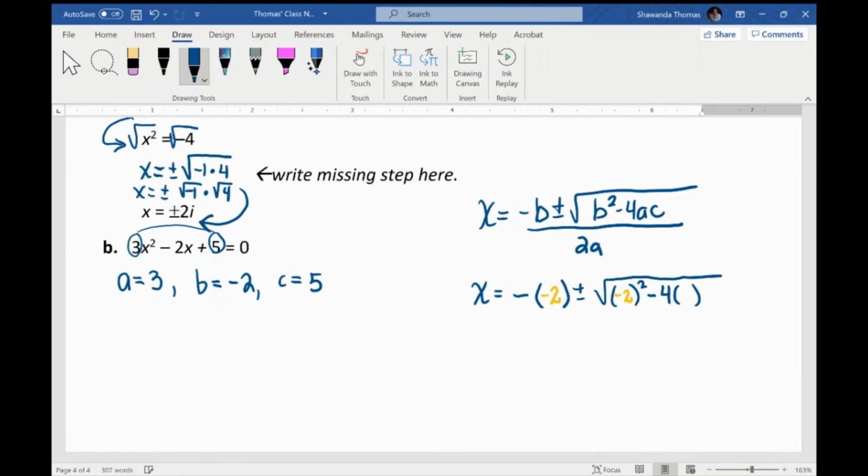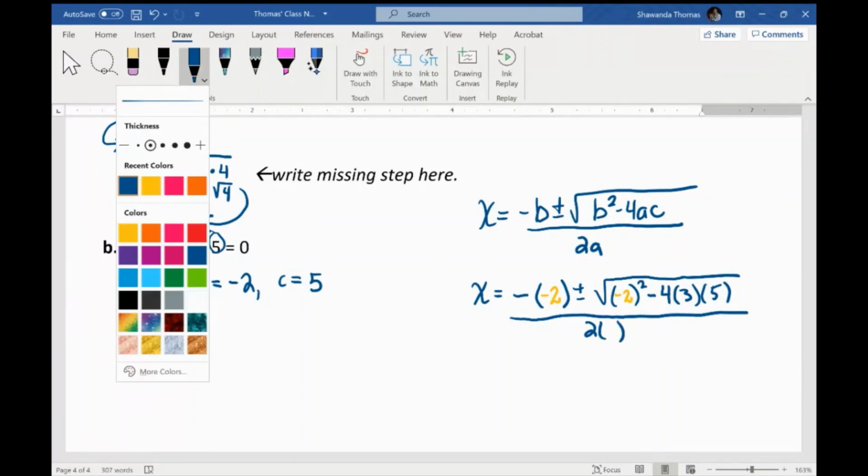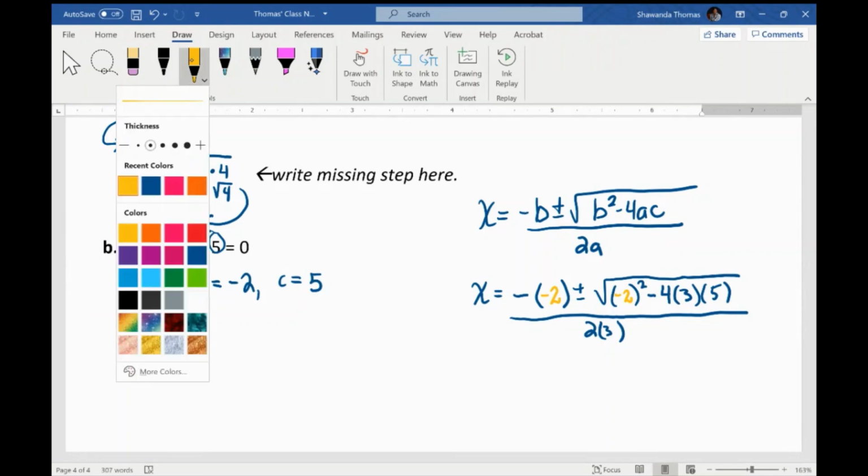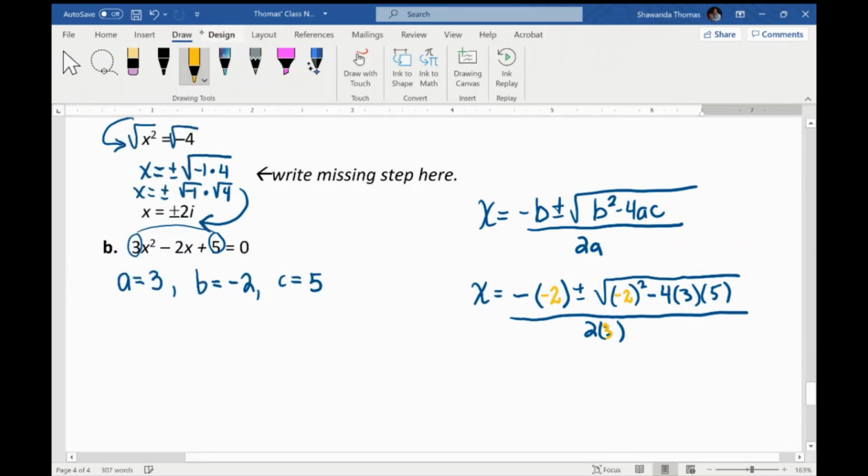Times 3 and 5. All right, 4 times A, which is 3, and C is 5, all over 2 times what? 3.